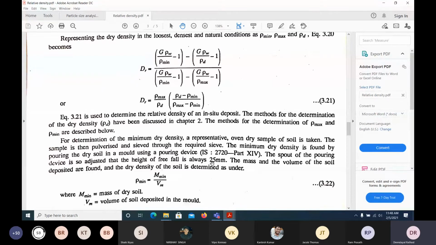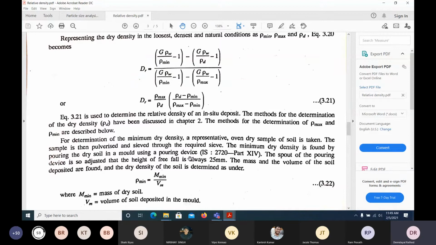Mass we know, volume we know, we can find out this minimum density. Understand? That means a free fall of just 25 mm. If we increase the free fall, then the sand becomes dense. So we have to keep a minimum of 2.5 only, and slowly release the sand.